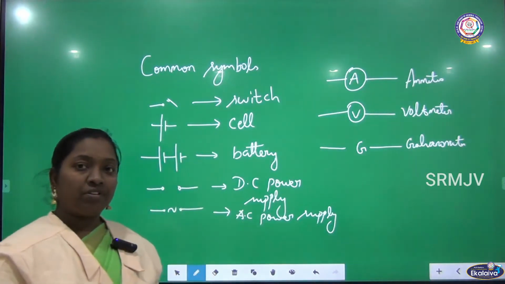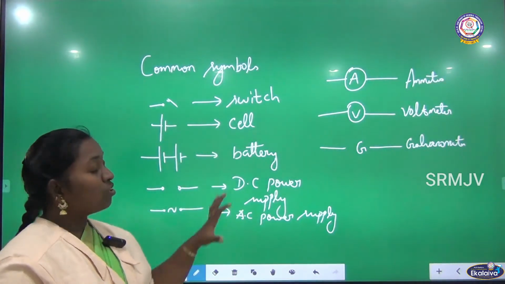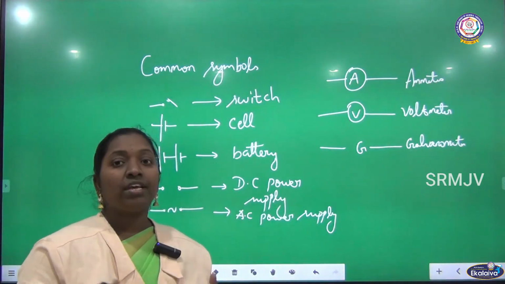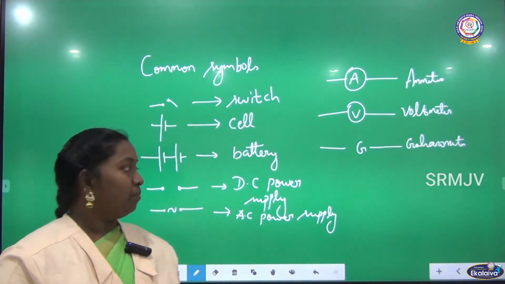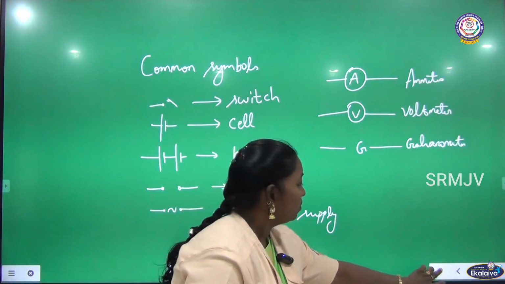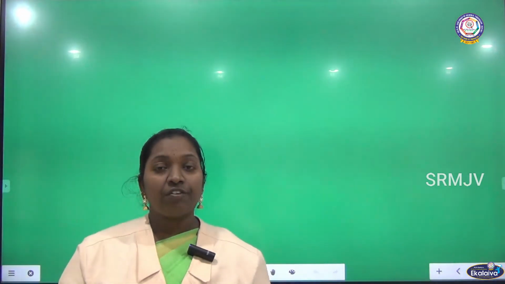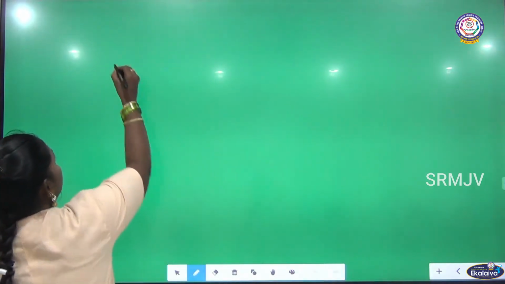G represents the galvanometer. So these are the common symbols which I have given you now. With the help of these we can make a circuit diagram. With this help we are going to learn now about different electrical circuits.